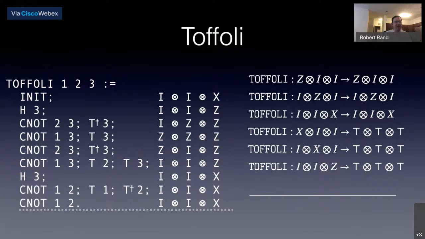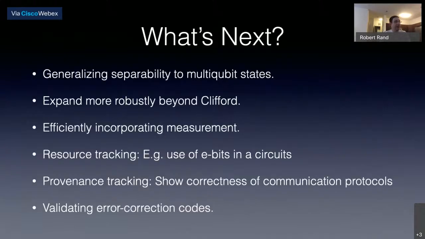But what I do have is enough to say that Toffoli has this type that if you put in separable 0 or 1 qubits and a plus minus, you'll get out 2 separable Z qubits and an X qubit. And in fact, I could have ignored the X and said for any I, if both of the inputs are classical, you'll get out this separable state. So that's pretty nice.